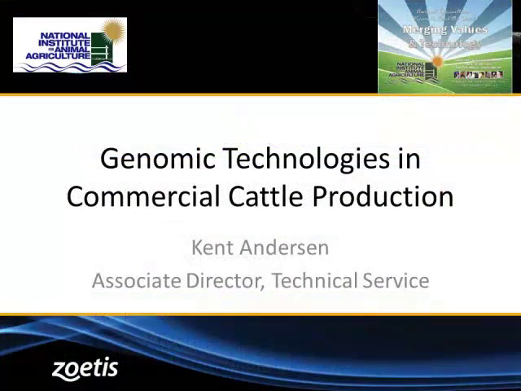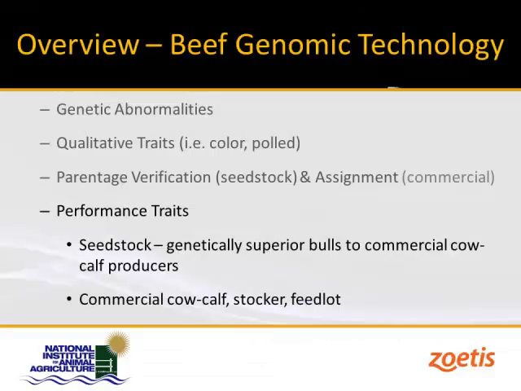What I'd like to do this morning is not talk so much about some historic uses where we've had incredible success managing things like genetic abnormalities, simple recessive traits like color and fold, and use of parentage verification. We've had great success applying these technologies to commercial beef production.